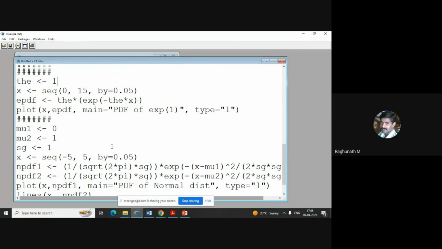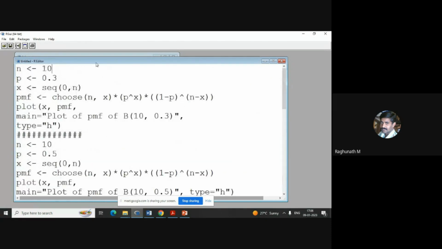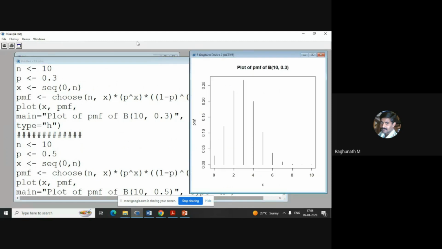I think I have taken wrong. This is a PMF. If you plot the CDF, that will be a step function lying between 0 to 1. I have not shown the distribution function.